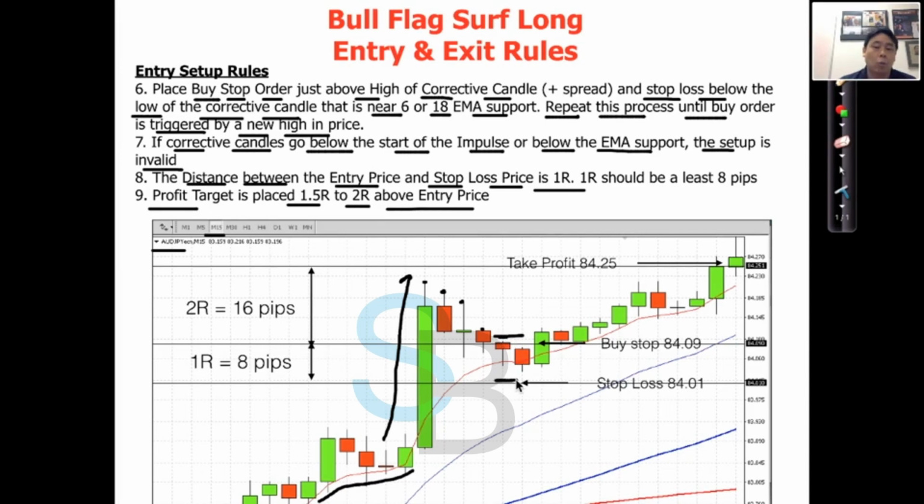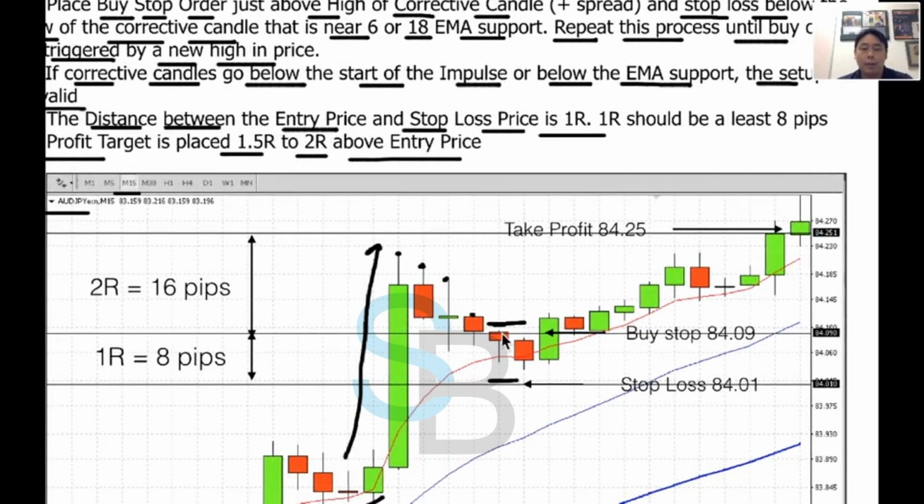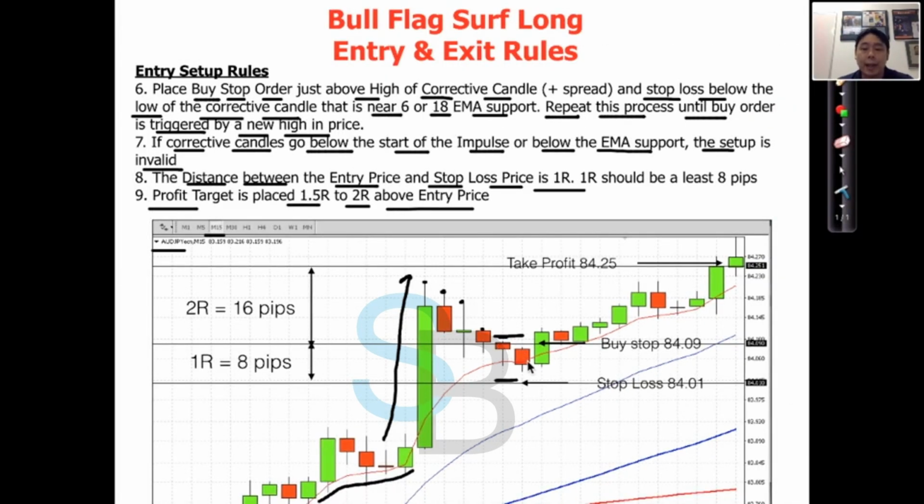Okay, so what happens? The next candle that appears, it makes another lower high. So it doesn't trigger our buy order. Because to trigger our buy order, it must make a new high. Remember that. Okay, so when this candle appears and it closes, we then cancel this order.